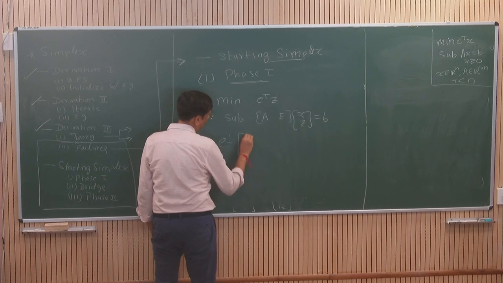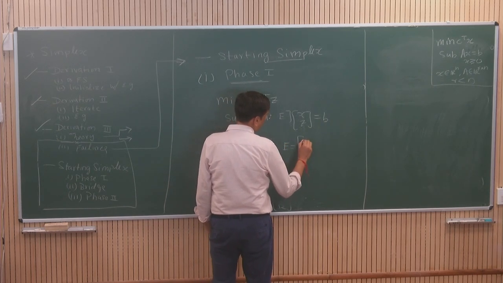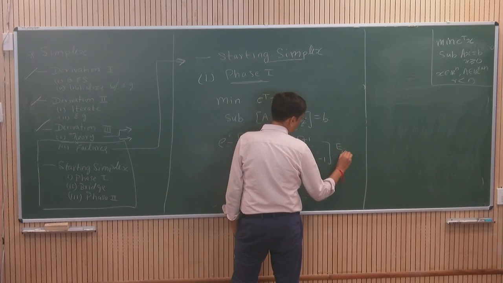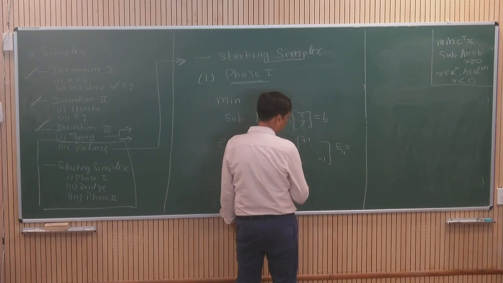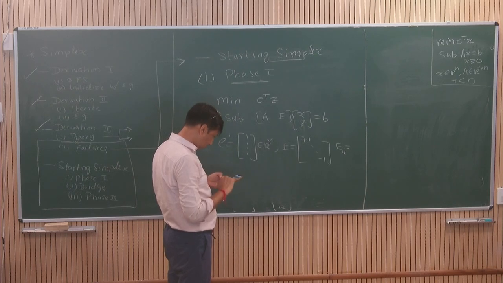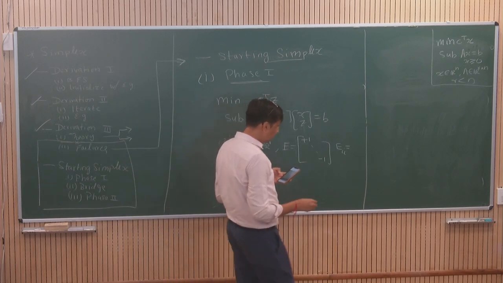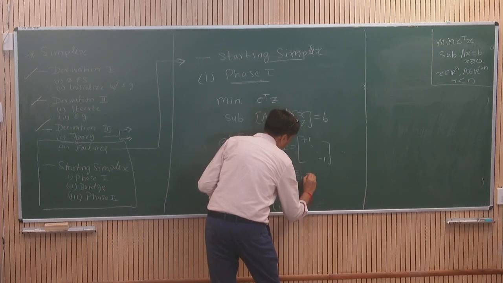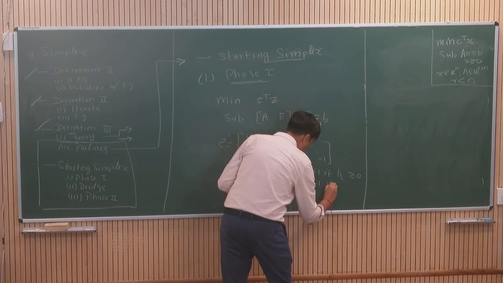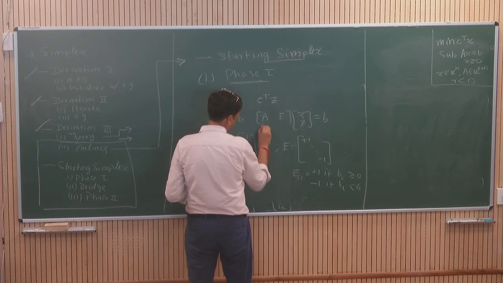Here e is a vector of all ones in R-dimensional space, and capital E contains plus ones and minus ones: E_ii is equal to plus 1 if b_i is greater than or equal to 0, and minus 1 if b_i is less than 0.